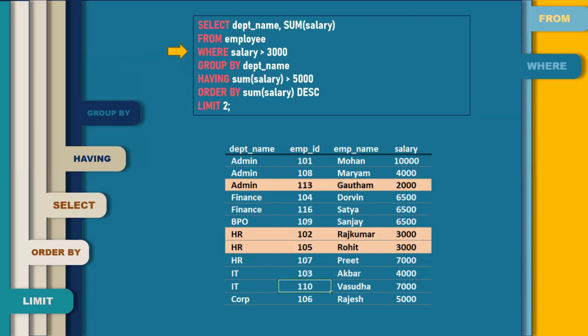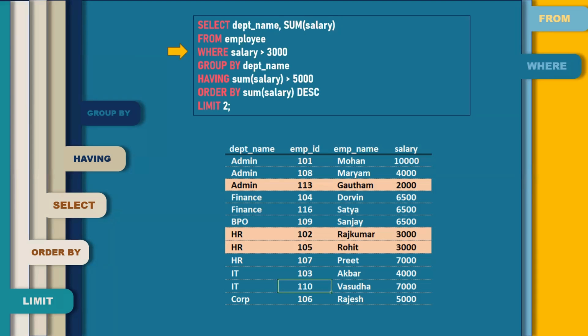So here we have written salary greater than 3000. So whichever records are 3000 and below will be eliminated here. If you see in this picture, Gautam, Rajkumar, Rohit, all are having less than 3000, so all these records will be eliminated.